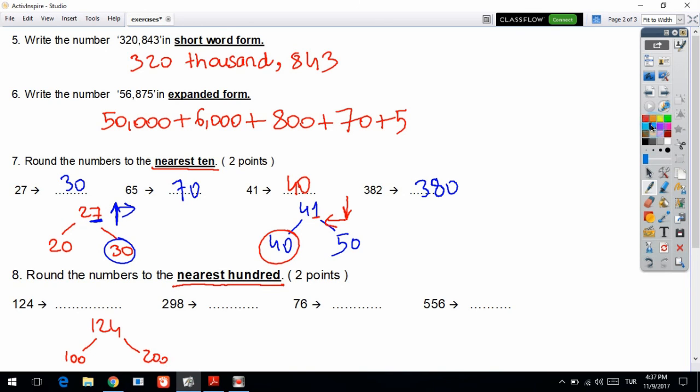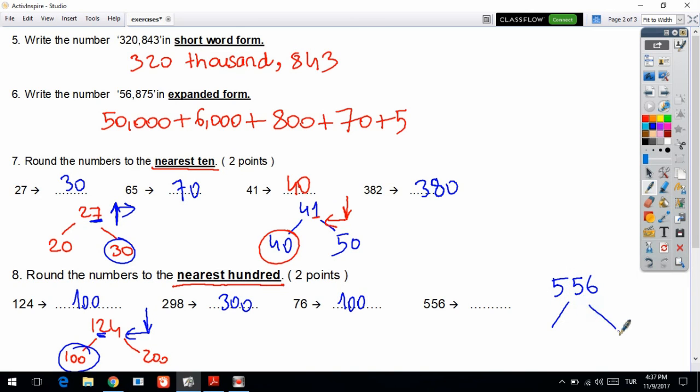To understand, we have a rule: look at the tens digit. If your tens digit is 5 or bigger than 5, you round up, but if your tens digit is 4 or less, you round down. When you round down, you move to the left. This is our general rule. Your answer must be 100. Let's write this answer, 100.